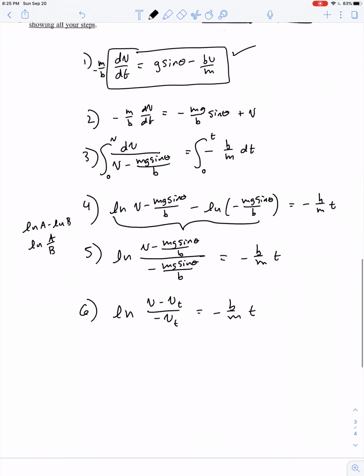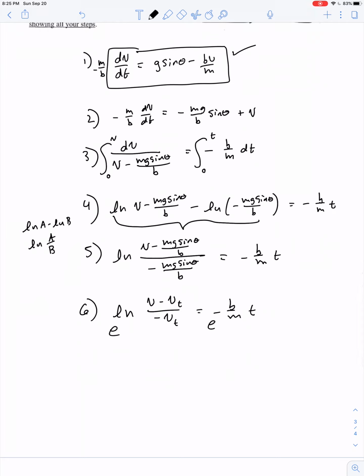E raised to both sides of the equation will help us simplify, and we get v minus v terminal divided by negative v terminal is e to the negative b over m t. If we multiply both sides of the equation by negative v terminal and then add v terminal to both sides, doing two steps in one, we get v is equal to v terminal minus v terminal e to the negative b over m t.